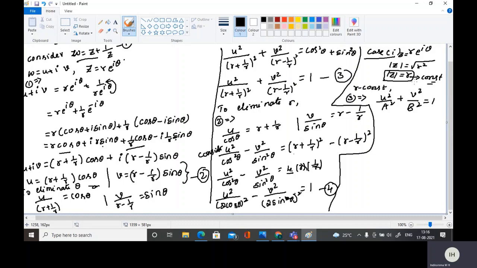x square by a square plus y square by b square equal to 1 represents an ellipse, right? So what is our conclusion?